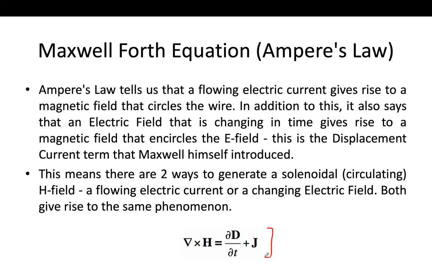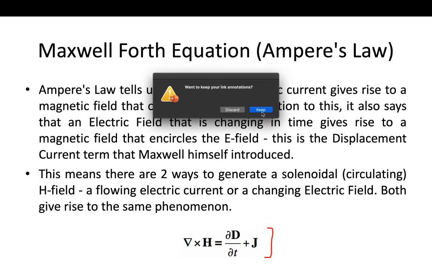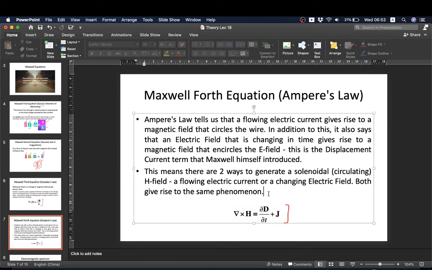If you are confused in this, then I tell you in simple words. In simple words, Maxwell's fourth equation says that change in electric field creates change in magnetic field. That is the main idea behind this, and I can also write it here so that you can remember.